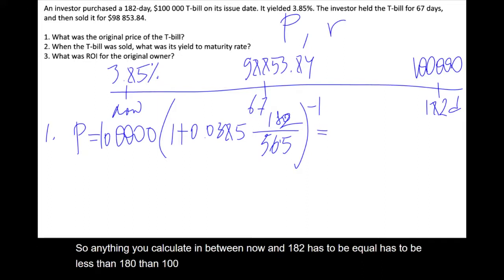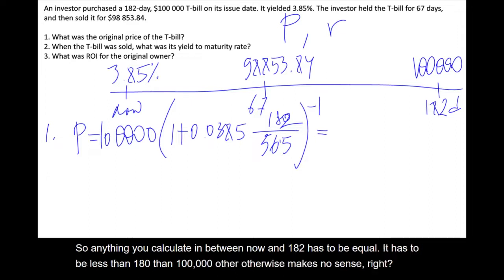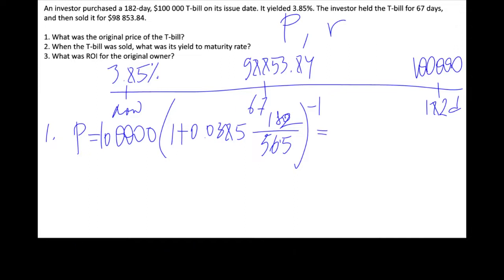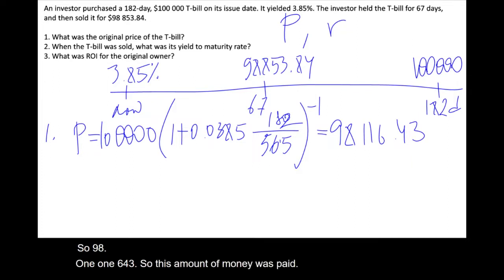Makes sense, right? Otherwise, it makes no sense. So 98,116.43. This amount of money was paid by the original owner.